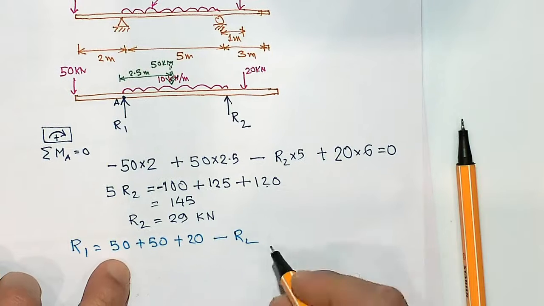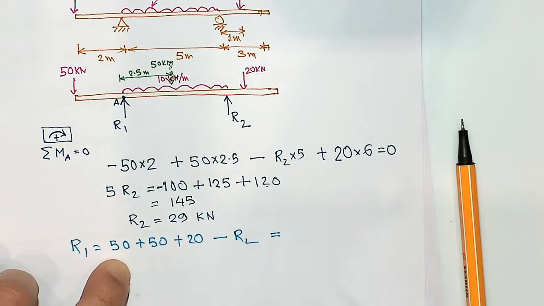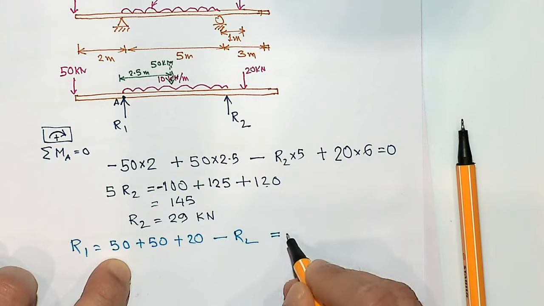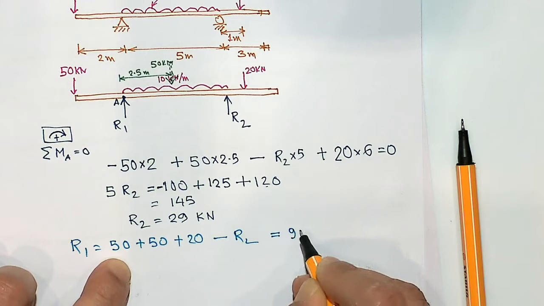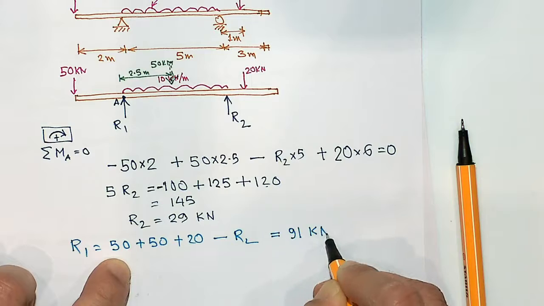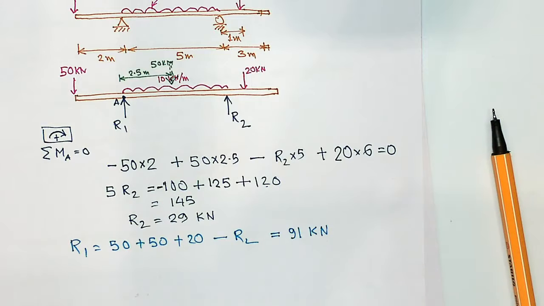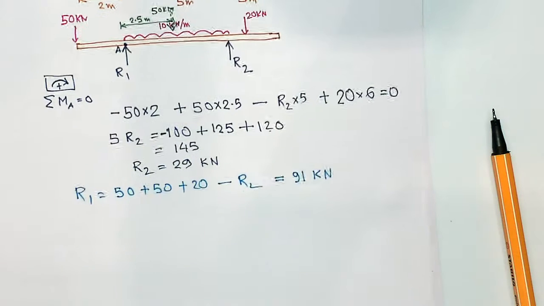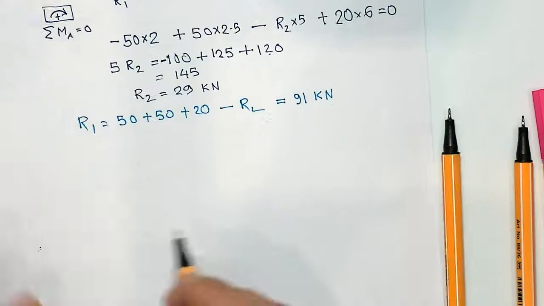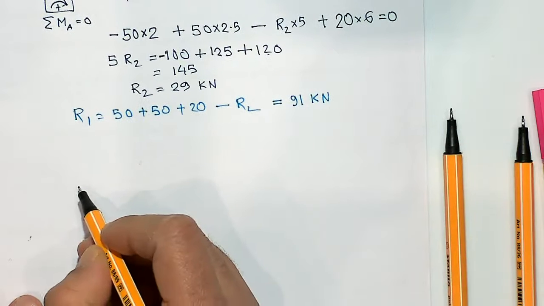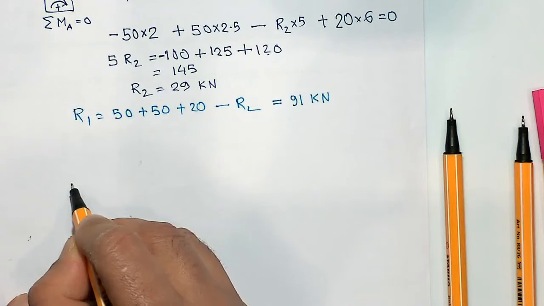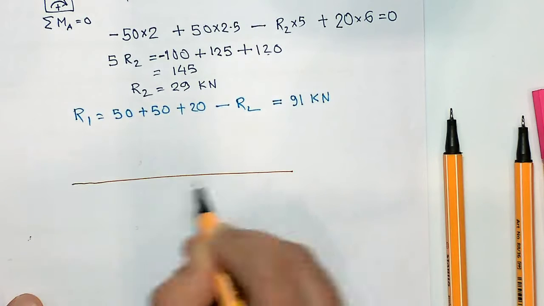So 120 minus 29 would be 91 kilonewton. Okay, so that's the first step we have done. Provided this calculation is right, now we are ready to write down the moment equation. So let me do this one again.